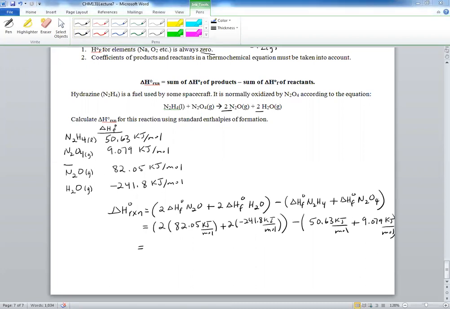This would give us negative 467.20, but of course that's going to be negative 467 kilojoules per mole. That would be our delta H of the reaction.